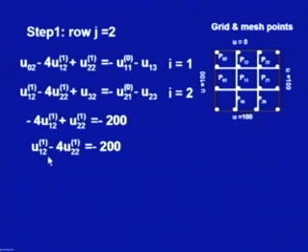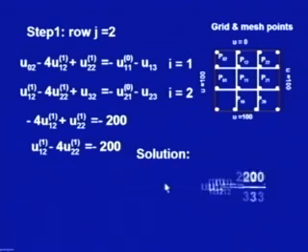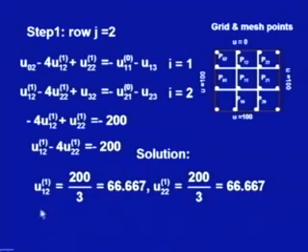So again we get u12 at 1 minus 4u22 at 1 is equal to minus 200. Because we have only 2 internal points, it is a system of 2 equations in 2 unknowns, again a simple one. The solution using the Gauss elimination method is u12 as 200 by 3 and u22 also as 200 by 3.